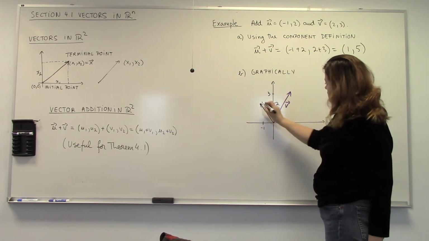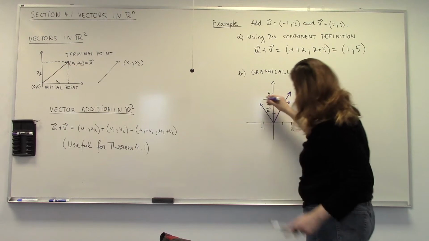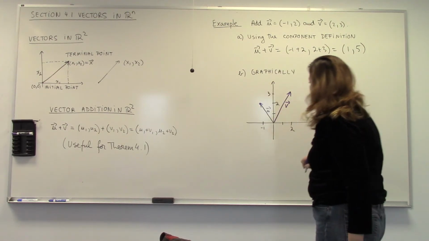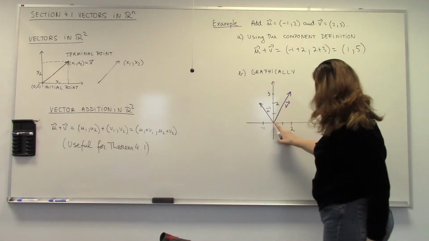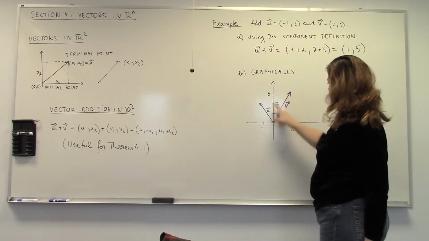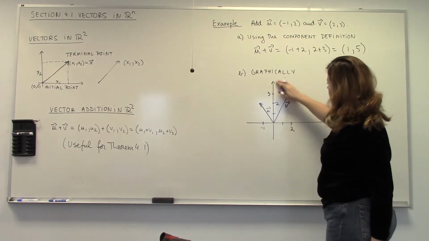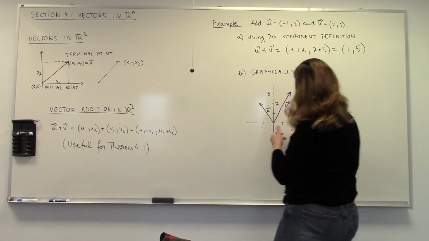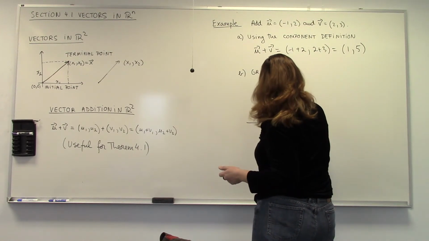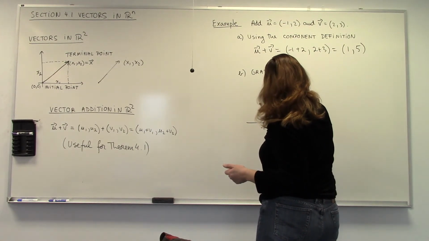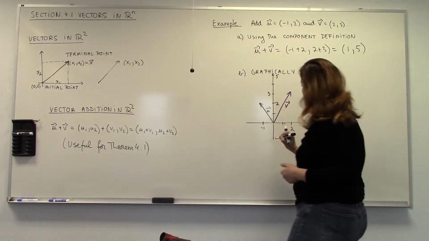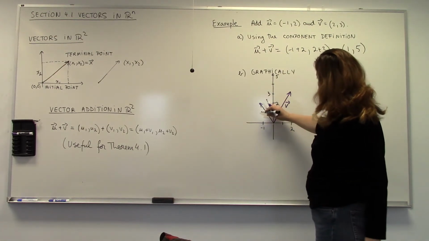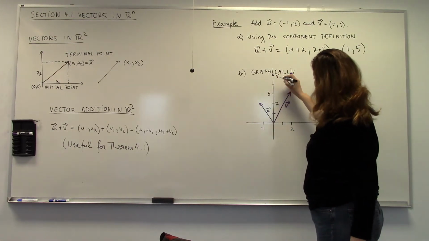So that means starting here, I have to go 3 up and 2 over. So I'm going to have to go higher than this. So this would be 5. Okay, so from 2, I go 3 up and 2 over.